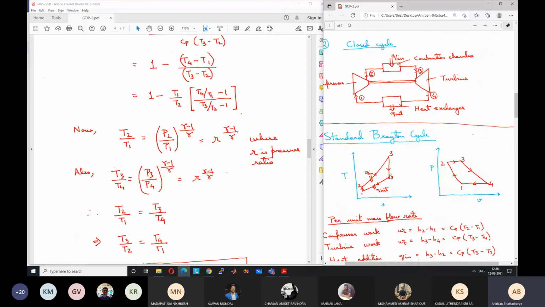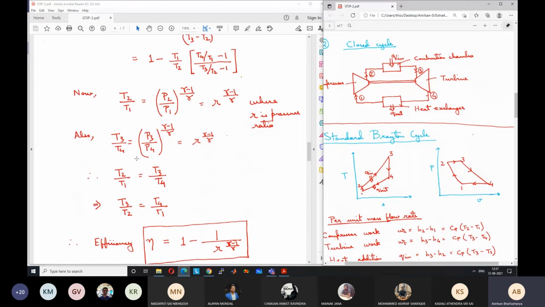T3 by T4: P3 is equal to P2 because it's a constant pressure process, and P4 is equal to P1 because this is also a constant pressure process. So T3 by T4 is equal to P3 by P4 to the power gamma minus 1 by gamma, and P3 by P4 is nothing but P2 by P1. So this is again the same as R to the power gamma minus 1 by gamma.